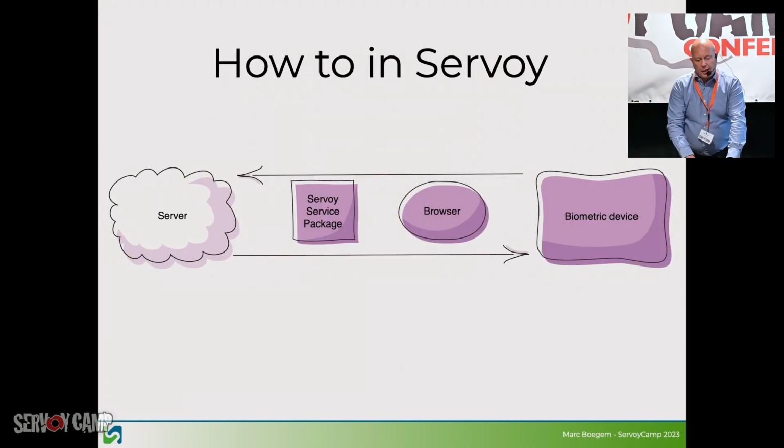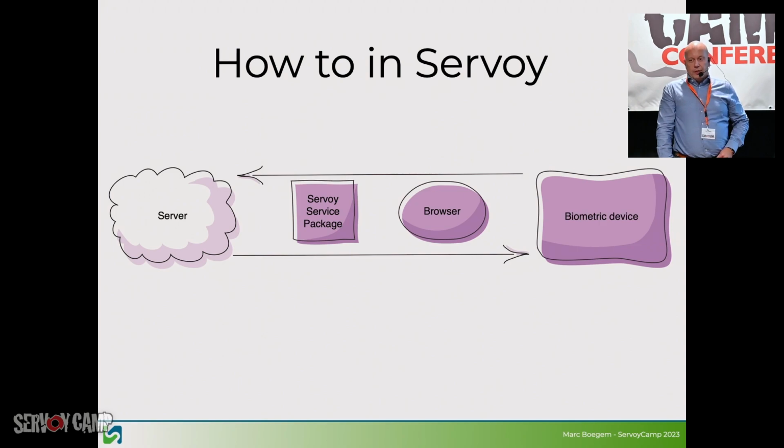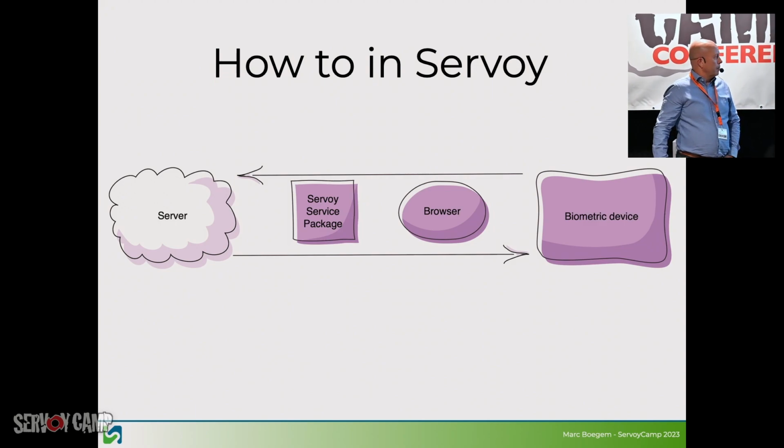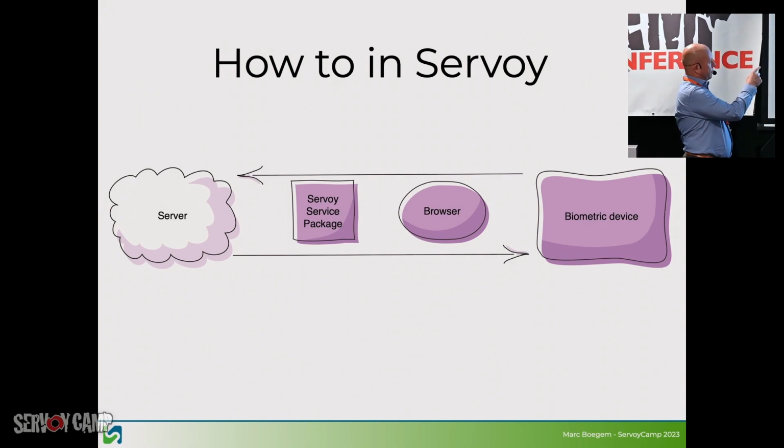So I was thinking, is it possible to do this in Servoy with all the NG capabilities? It should be possible, so that's what I started working on. Basically, we have the server.